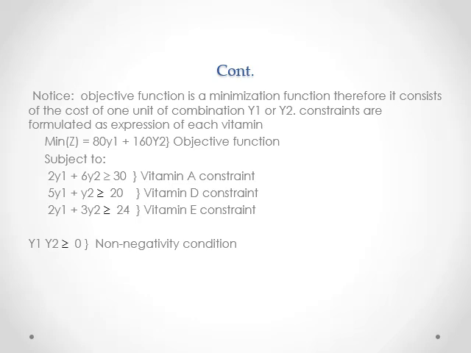This objective function should minimize the cost of production of combination 1 and combination 2. It should be applicable if and only if the following three constraints are satisfied.